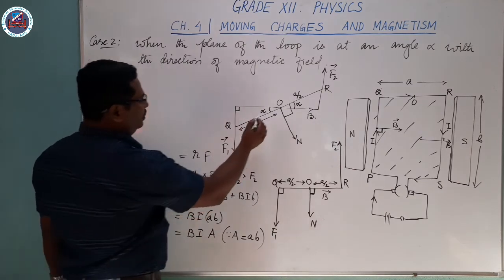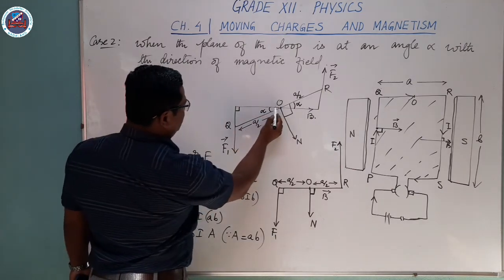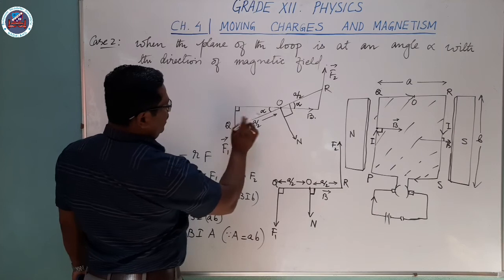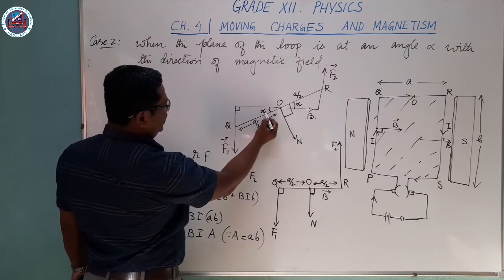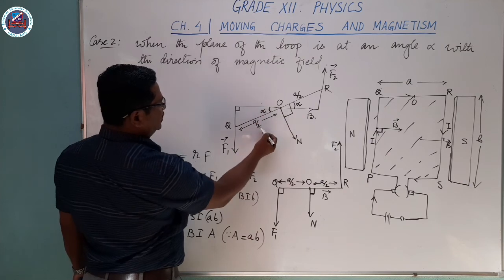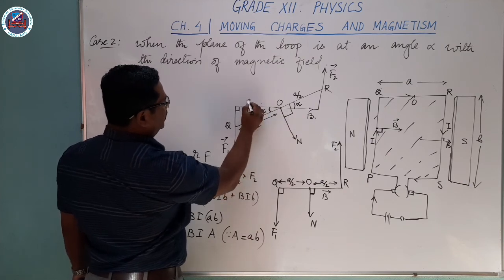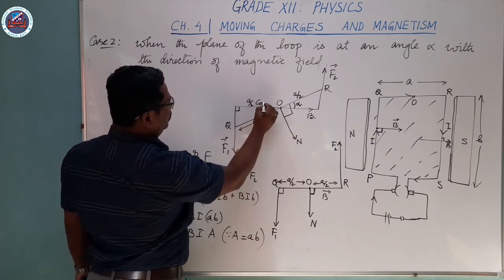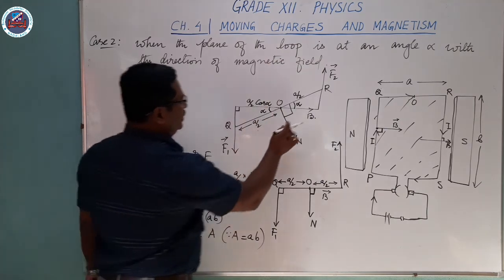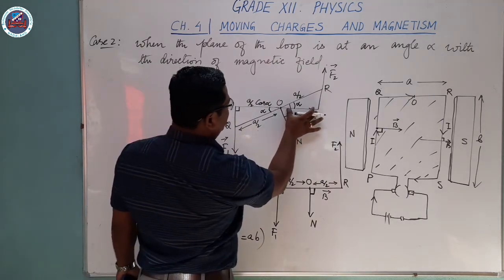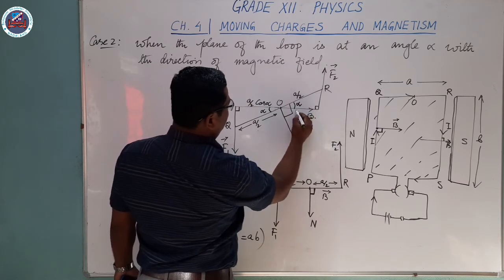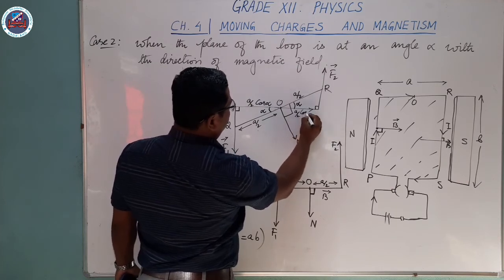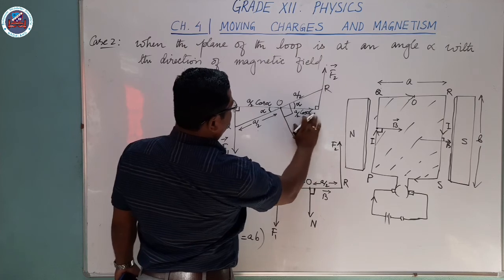This angle is alpha, the acute angle, so this will become the base and this is the hypotenuse. So it will be A by 2 cos alpha. In the same way here also, this is the base, this is the hypotenuse, this is 90. So it will become A by 2 cos alpha.